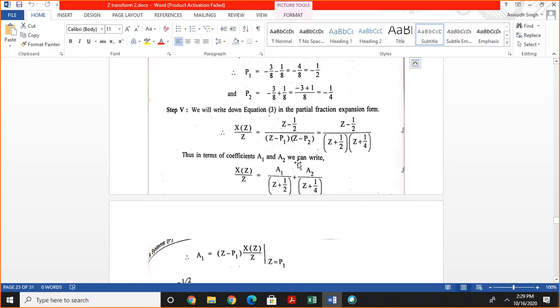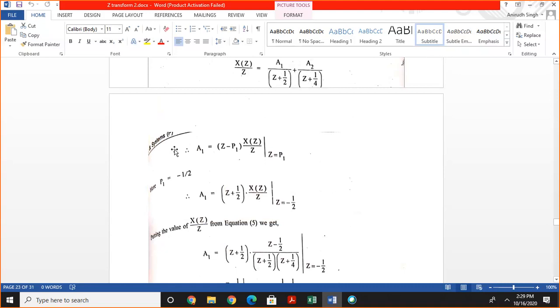So we can write that X of z divided by z is equal to z minus half divided by z plus half, z plus 1 by 4, because two roots are minus half and minus 1 by 4.